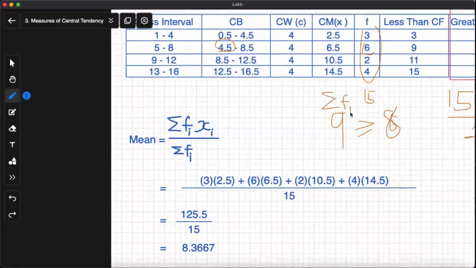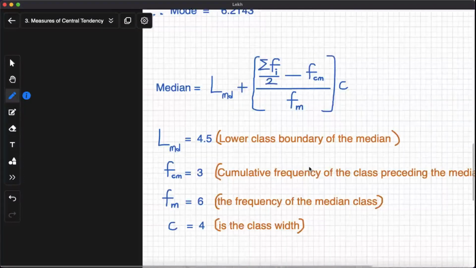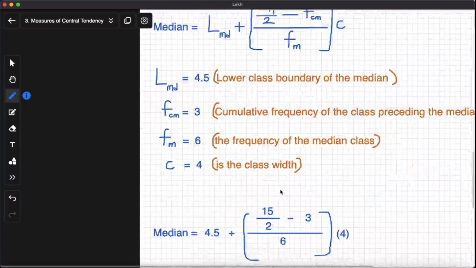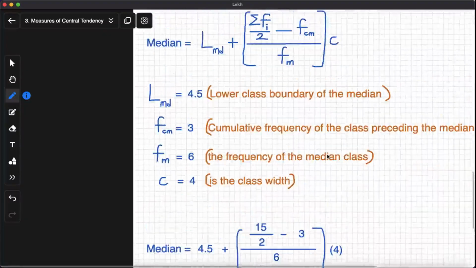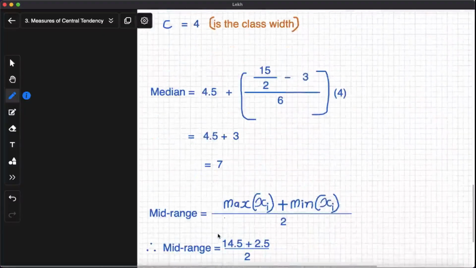Now that we know that, we divide that 15 by 2. 15 divided by 2, minus every other thing that we have found, we fix them, and then we get a median of 7.